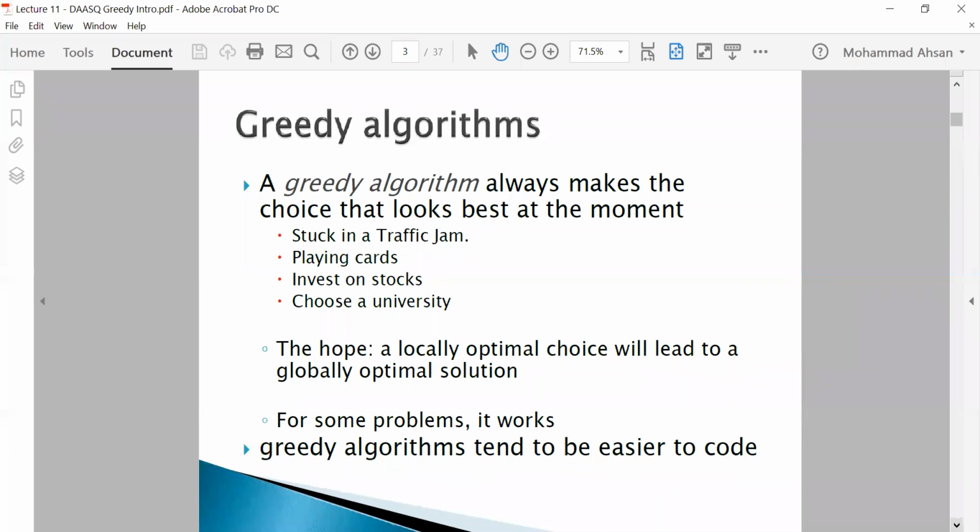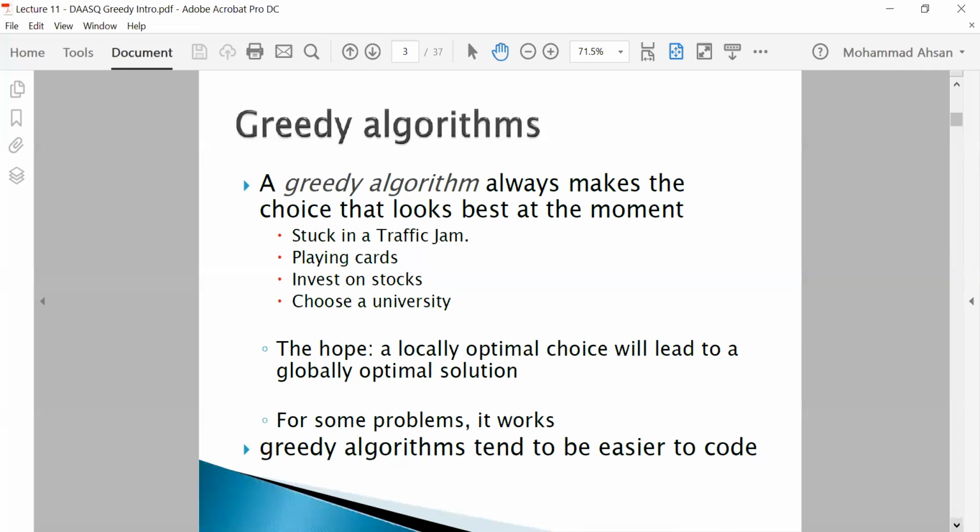You think it'll take more time waiting in this jam, so you take this lane as a shortcut. But you don't know what's going to happen ahead. Maybe the lane is too narrow for two cars to pass and you are stuck there later on. But at that moment, what you think is best for you, you do that.